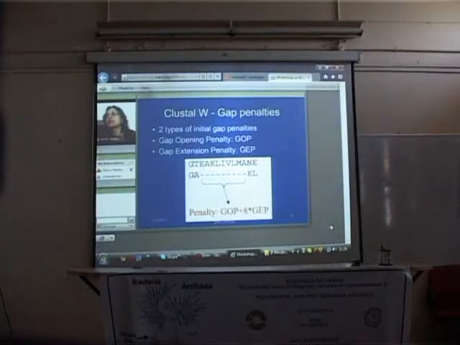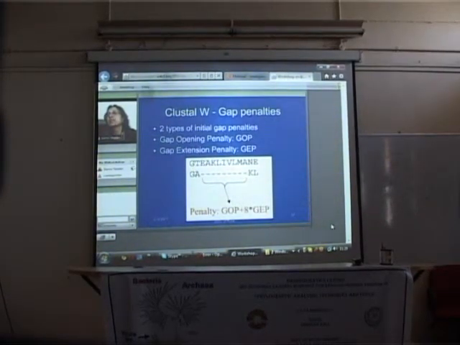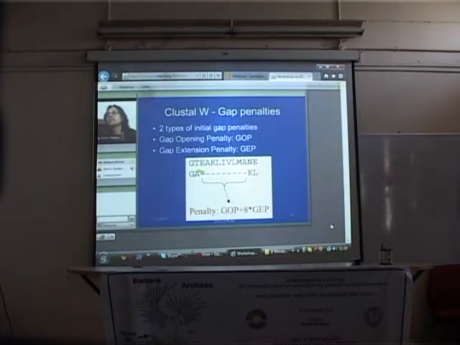There are two types of gap penalties: the gap opening penalty, GOP, and another is the gap extension penalty, which is the gap. So gap opening is this particular position where the gap really initiates, and for this position you apply the GOP penalty, whereas for the subsequent positions in the gap, when you extend the gap, for each subsequent position you apply the gap extension penalty.